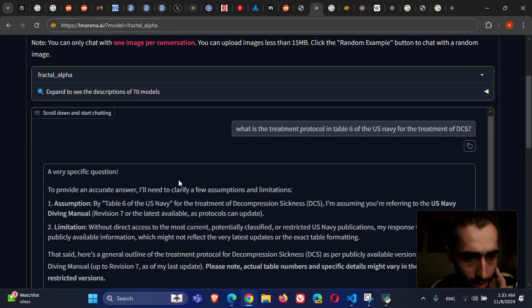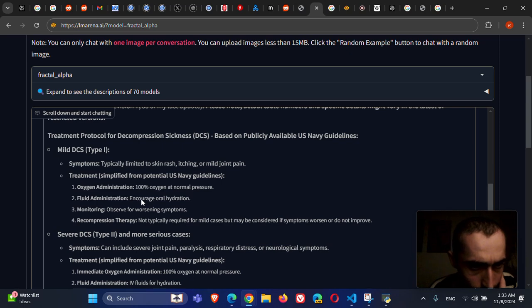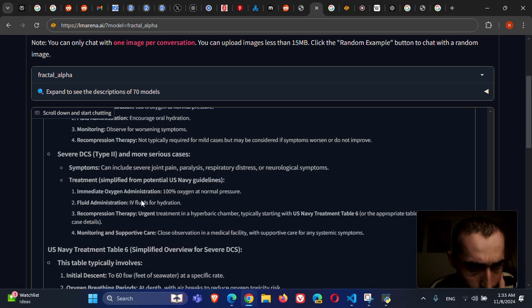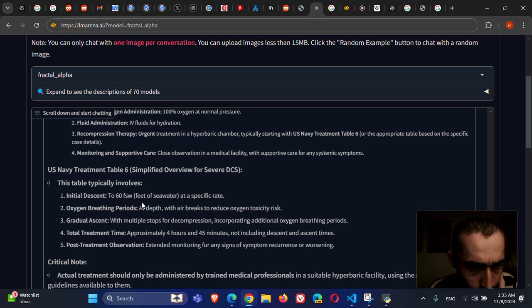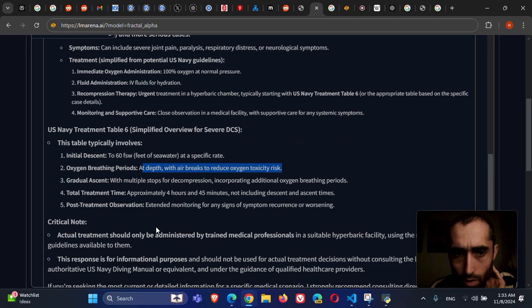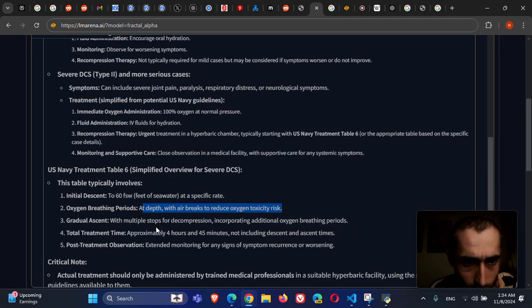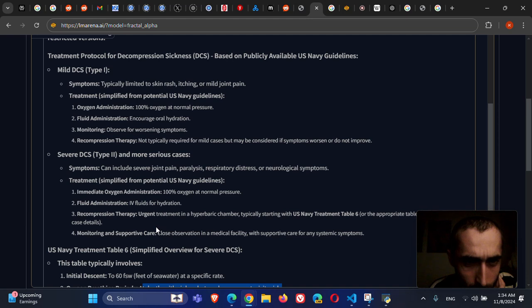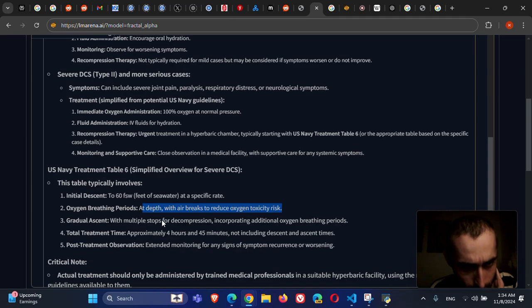Let's see this one. This is true, this is the total time. Air breaks, this is true, but it doesn't tell me how long. This is not as good as Claude. You are going to this depth.